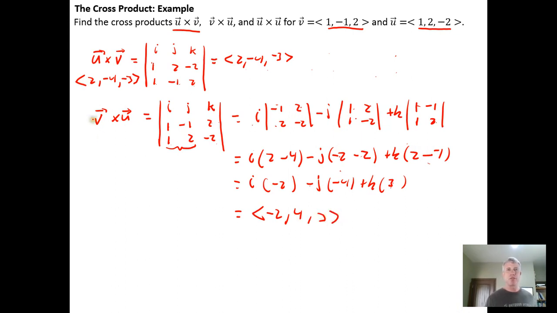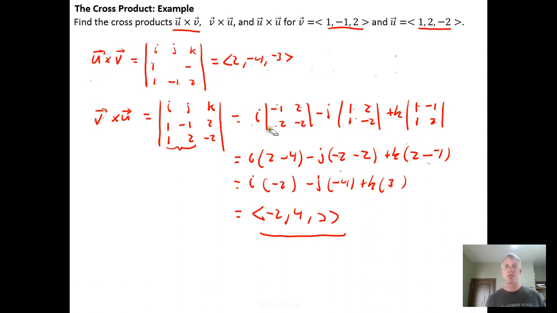And the reason for doing this calculation is to notice that the vector that we get when we reverse the order of the cross product is just the opposite of the vector we got when we did u cross v. We got 2, -4, -3, and now we have the vector -2, 4, 3.